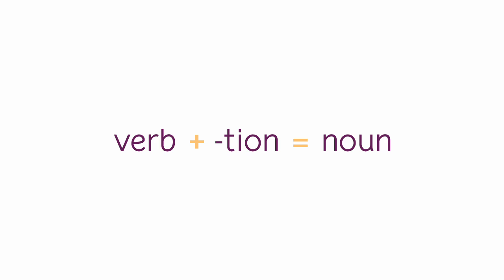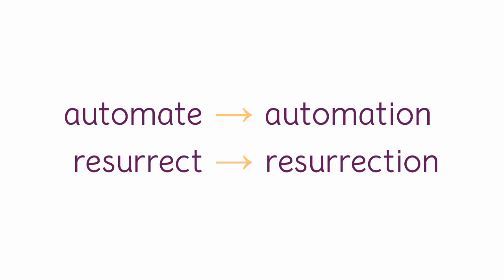In English, we're so used to the tion suffix turning verbs into nouns that it was only natural to assume that the words automation and resurrection must come from the verbs automate and resurrect, except that these words never actually existed beforehand. But after their usage was codified and accepted, that doesn't really matter anymore.